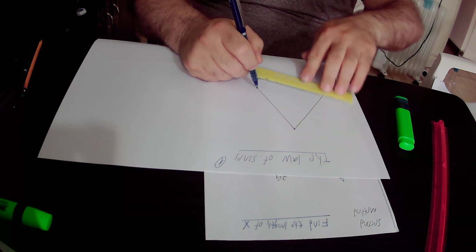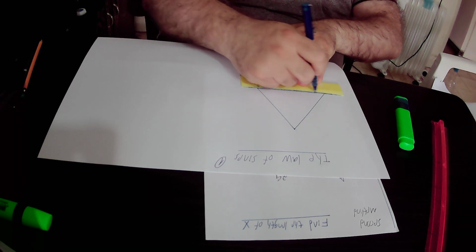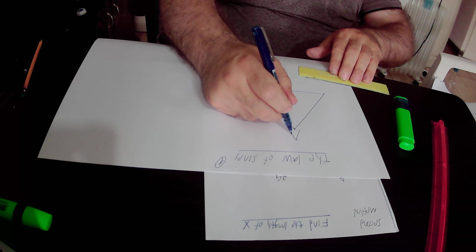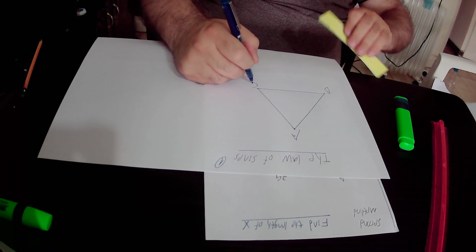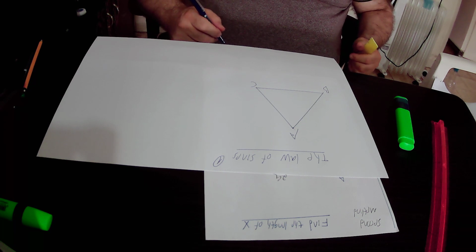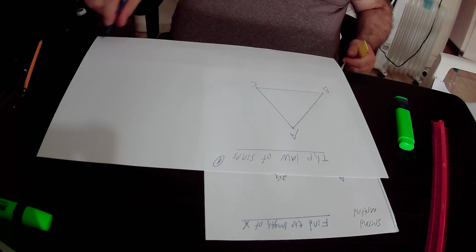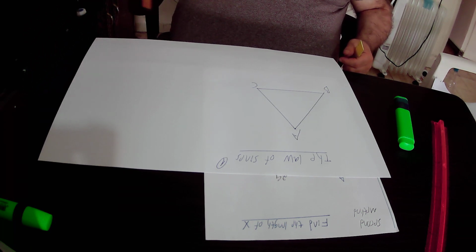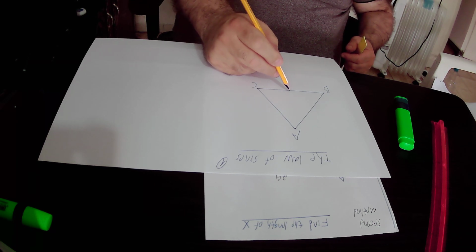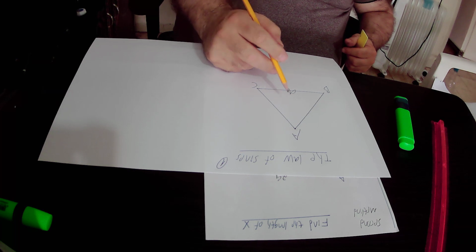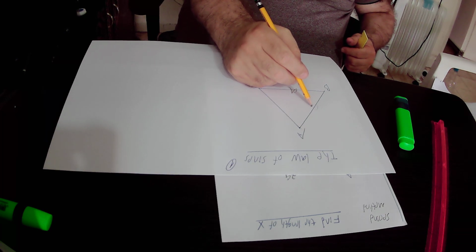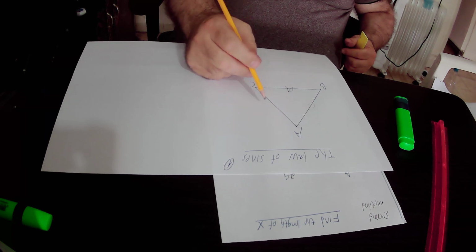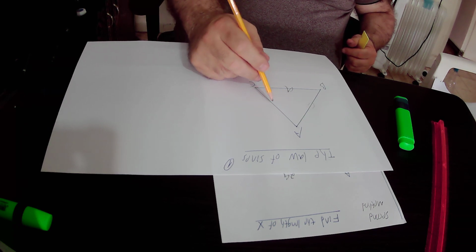This is triangle ABC. The length of side BC is A units. The length of side AB is C units. And the length of side AC equals B units.